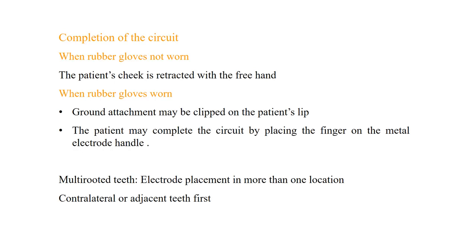If we wear gloves, in those cases, the circuit will not be completed as rubber is an insulator of electricity. Therefore, using older pulp testers, we must not wear gloves. And if we are using the newer ones, you can either place a lip clip or give the electrode to the patient to hold in his hands.